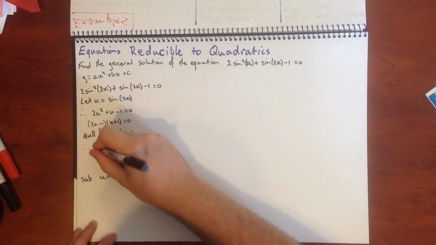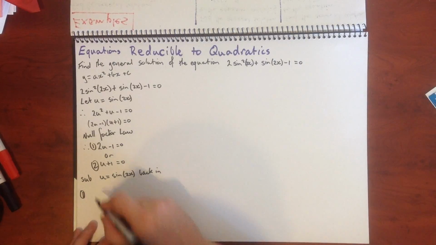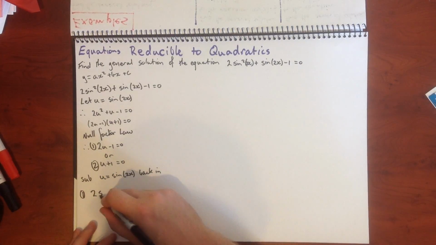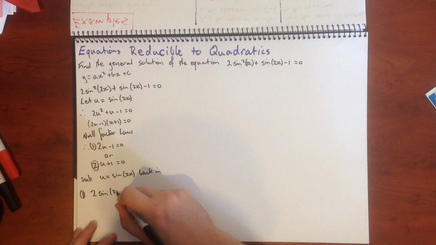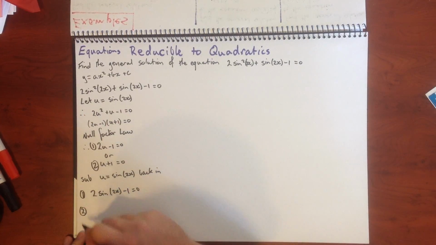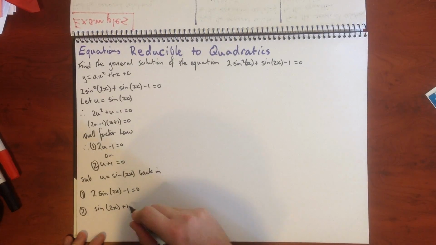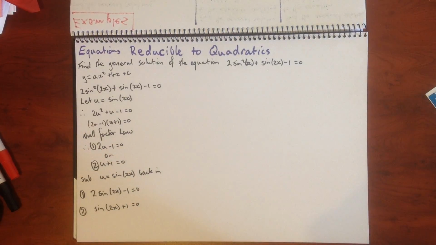So our first equation, I'm going to label it 1, and I'm going to label it 2. So our first equation becomes 2 sine of 2x take 1 equals 0. And our second equation is going to be sine of 2x plus 1 equals 0.